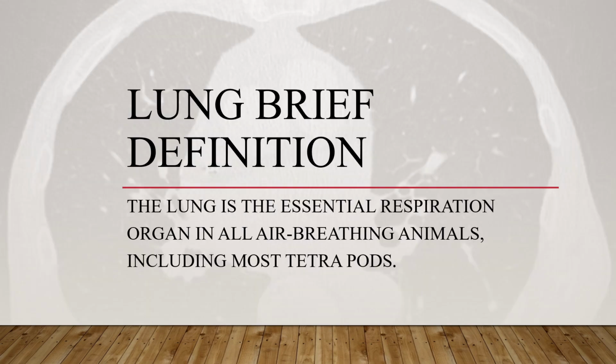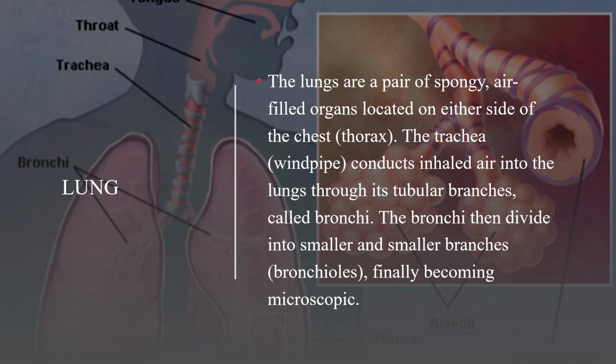Okay, the brief definition: the lung is an essential respiration organ in all air-breathing animals, including most tetrapods. In this slide, I will define the lung according to the anatomy and physiology definitions.